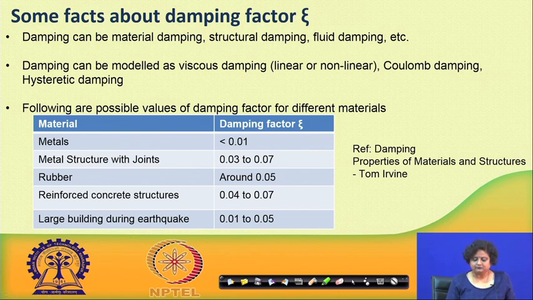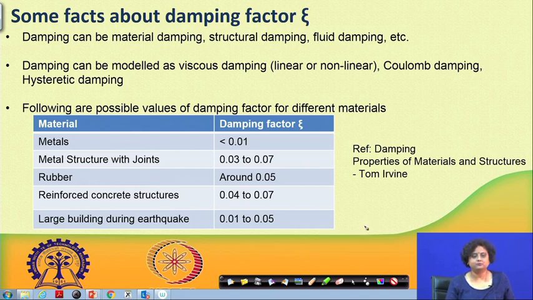The value of zeta, or the damping factor, is usually very small for the common engineering materials that we encounter. For metals it is less than 0.01, which is less than 1% damping. For rubber it is almost the highest, around 0.05. For reinforced concrete structures it lies somewhere between 0.04 and 0.07.